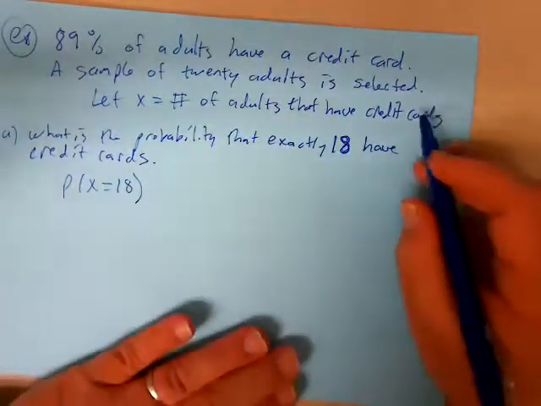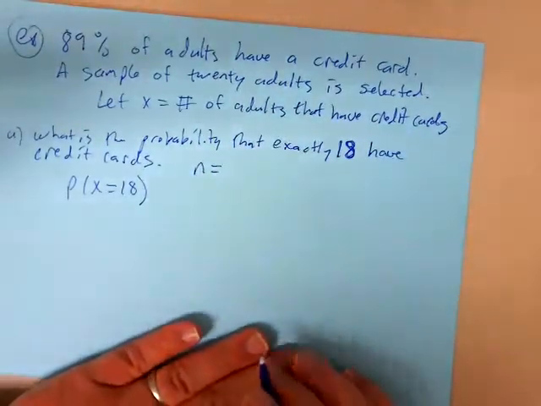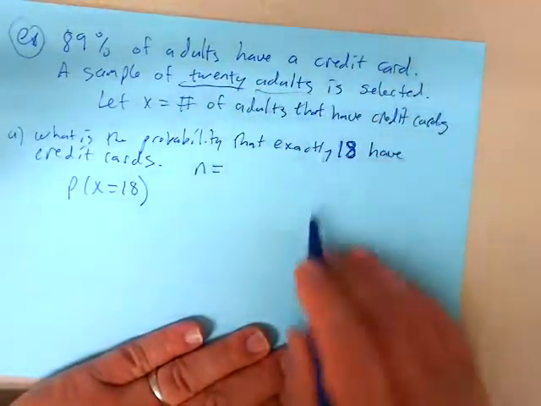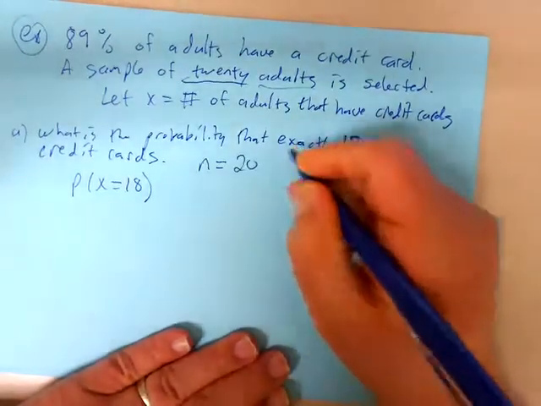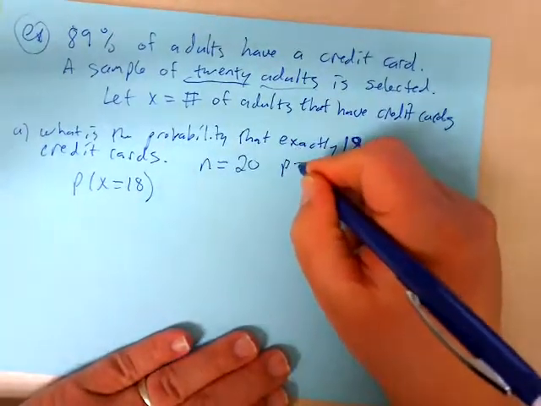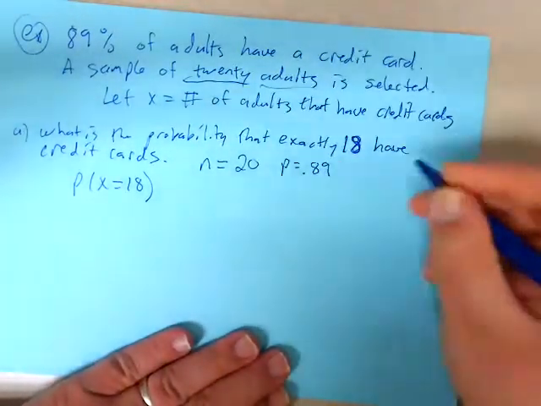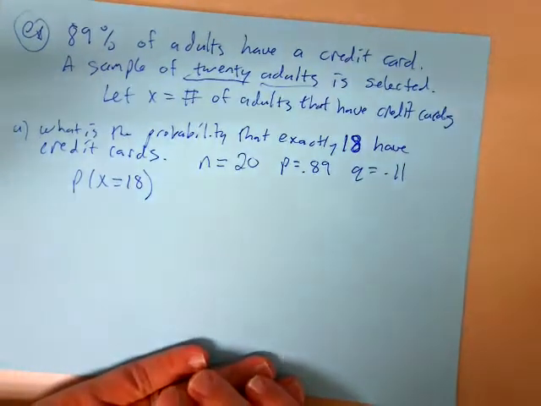Okay, and I guess I need to get N, P, and Q. So N in this case is 20. 20 adults are selected. Each one's a trial. Either they have a credit card or they don't. So N is 20. The success here is that they have a credit card, and the probability of that is 0.89. So the failure would be they don't have a credit card, which is 0.11.